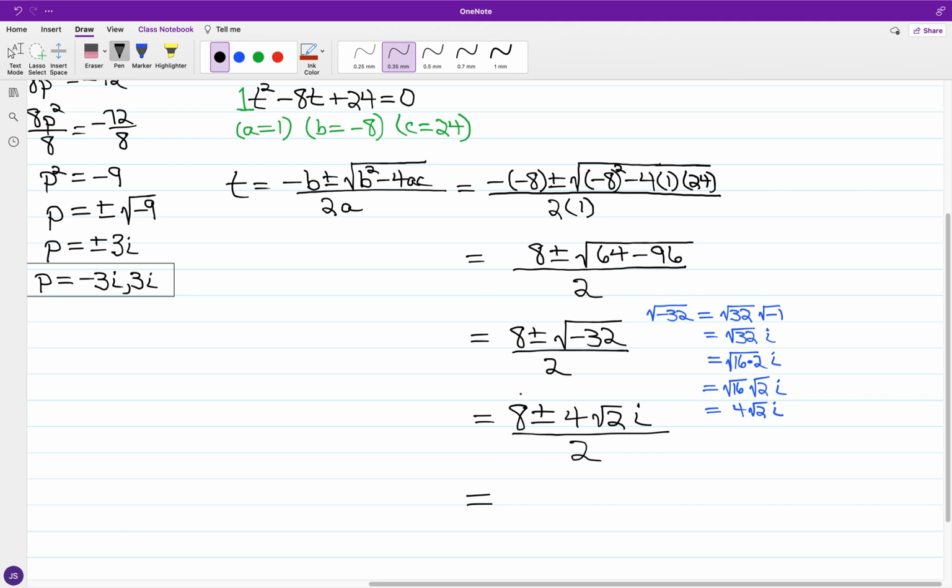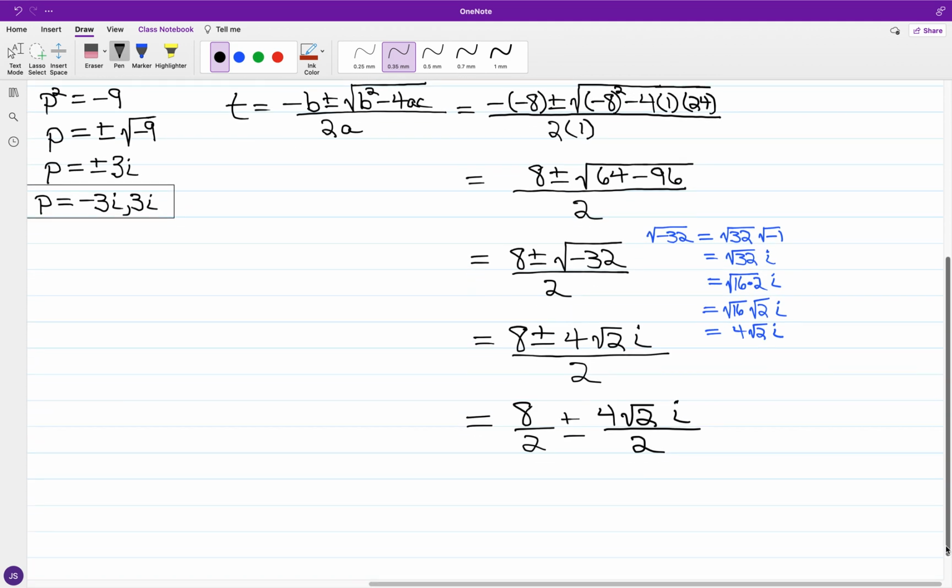Notice we have even valued leading coefficients, so I'm just going to split up these terms. You have 8 halves, which is 4, and we have 4 times the square root of 2i over 2. Now 2 will go into 4 2 times. And so we have 8 halves is 4, and plus or minus.